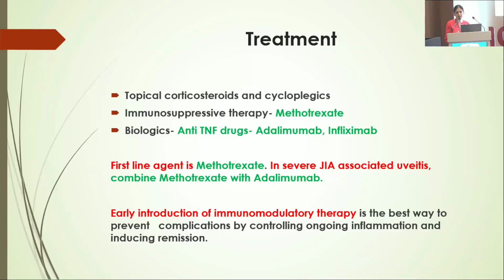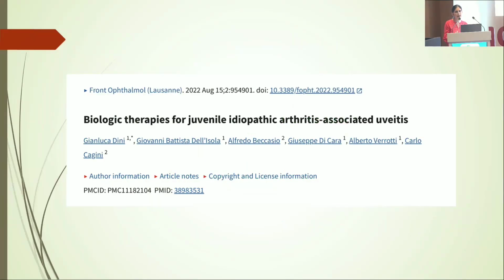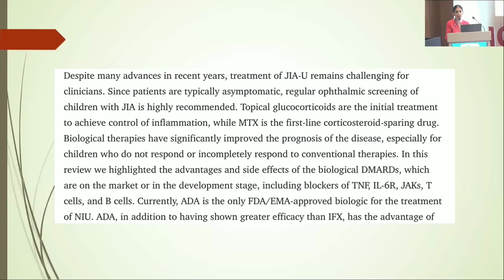In severe JIA associated uveitis, combine methotrexate with adalimumab. Early introduction of immunomodulatory therapy is the best way to prevent complications, and similar results have been published regarding biologic therapies for JIA associated uveitis, where methotrexate was the first line corticosteroid sparing agent.